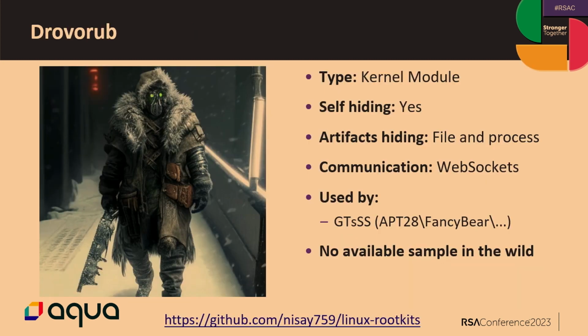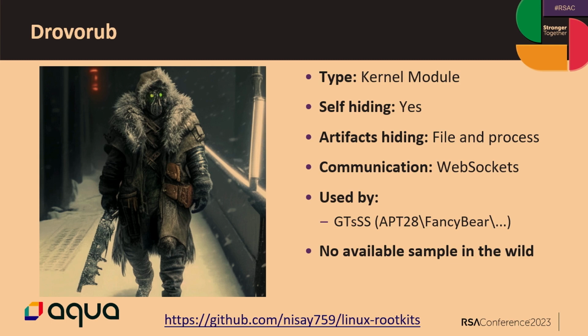And one of the APTs that uses that is Drovorub. Drovorub is a Russian APT used by the GTsSS, also known as APT28. As you can see, it allows file and process hiding, and the communication channel between its operators and the malware is WebSocket.